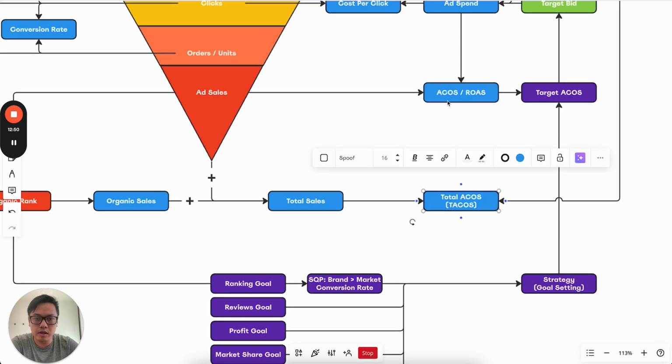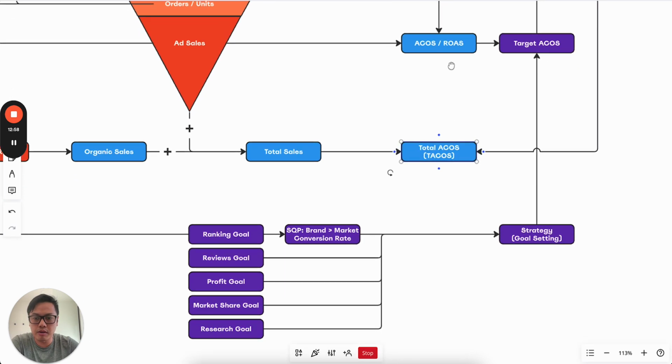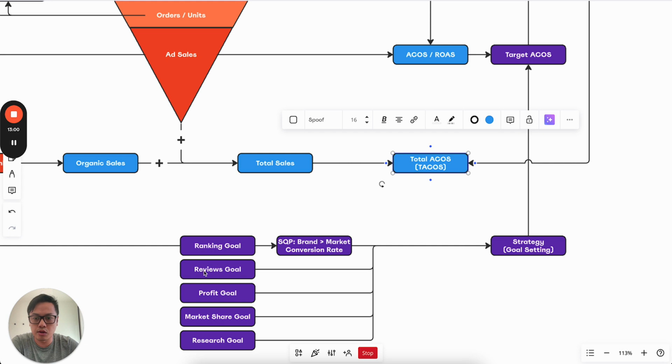We want to look specifically at what we're trying to achieve for that particular campaign or ad group, and they will generally fall into certain goals. I will set a goal for every single campaign, and that can be a ranking goal, review, profit, market share, or research goal.